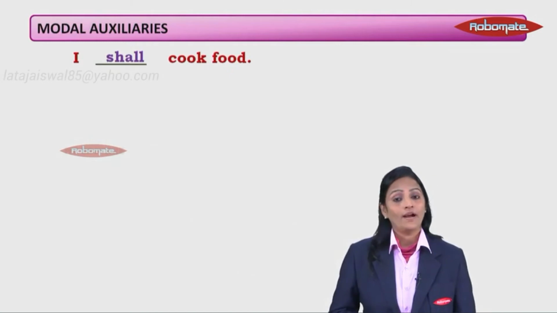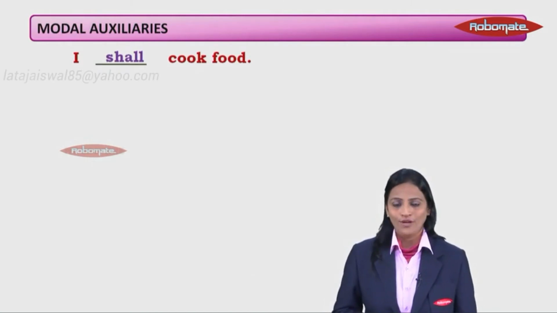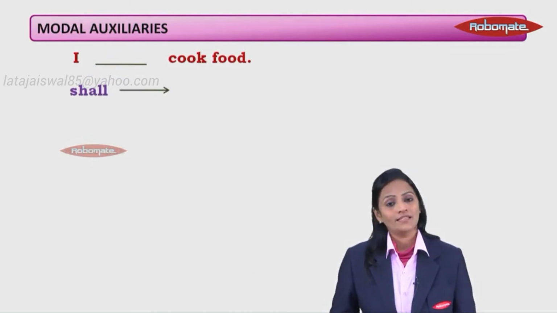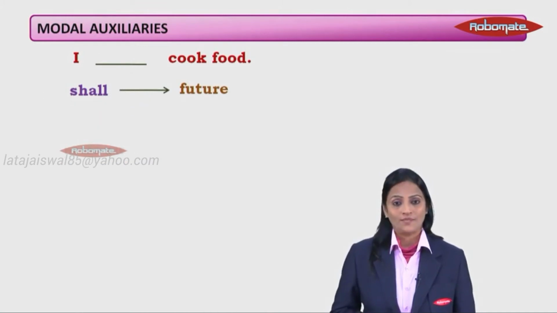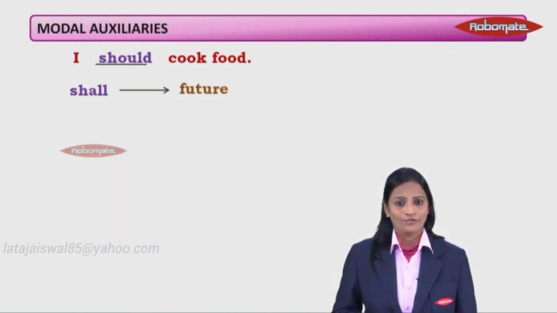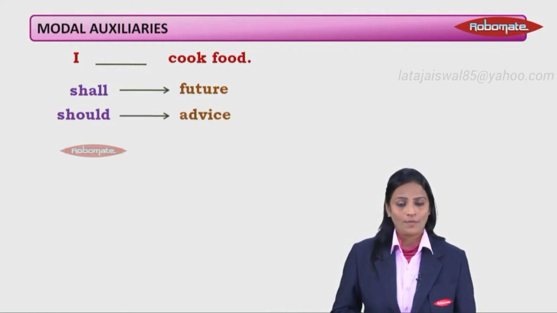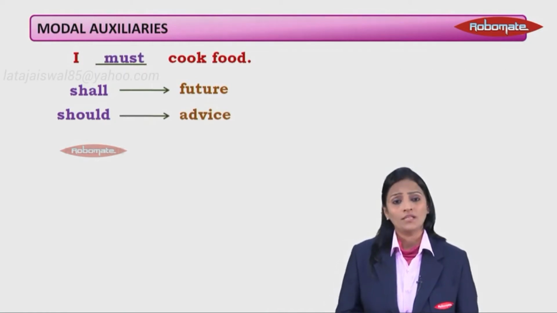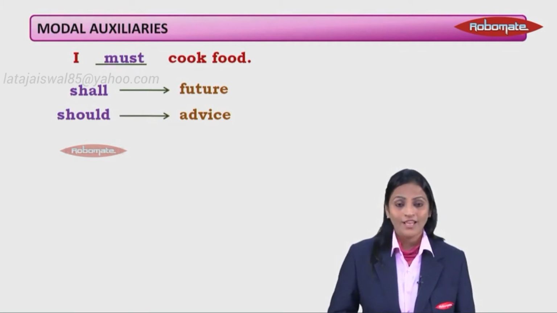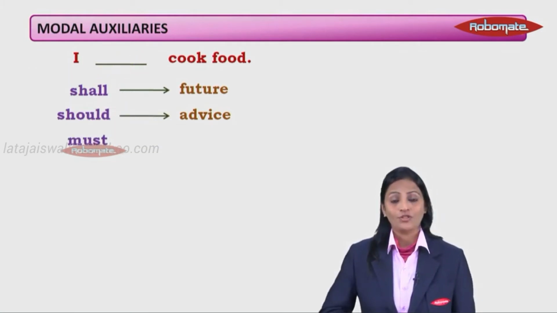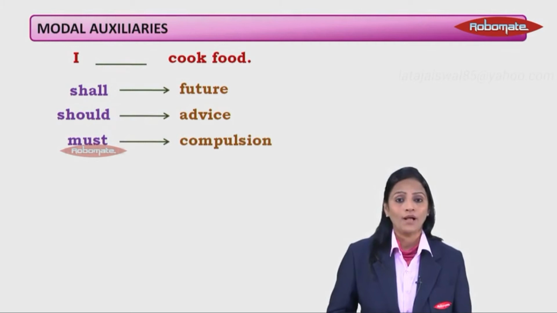Further, if I say I shall cook food, then here it is simply a future tense. If I say I should cook food, then it means advice or suggestion. But if I say I must cook food, then it shows compulsion. So it's a stronger one here. It is compulsion.